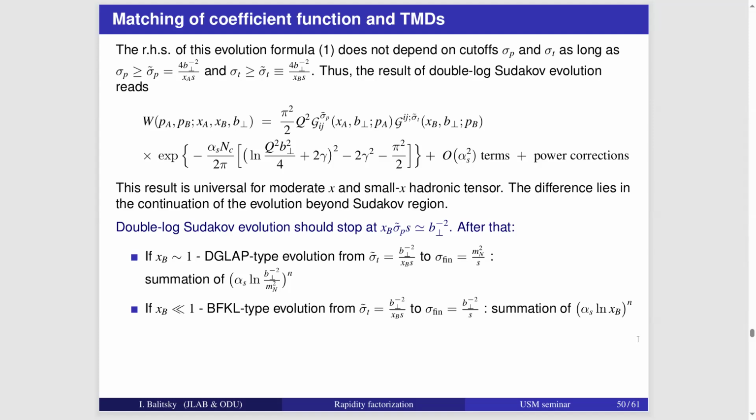On the other hand, if Bjorken x is much smaller than 1, then there is room for BFKL evolution between this cutoff and the final cutoff for BFKL physics. And it corresponds to summation. If you divide it by this, you have alpha s log of x. So this double log Sudakov formula is universal for small and moderate x.